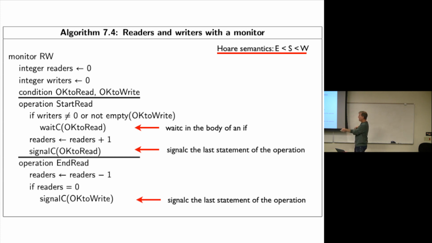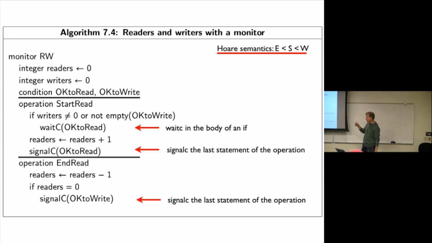Okay. And now after the reader executes start read, and that reader is reading, what happens when a reader is finished reading? He executes end read. And so operation end read does what? Readers gets readers minus 1. Now there's one fewer reader, right?